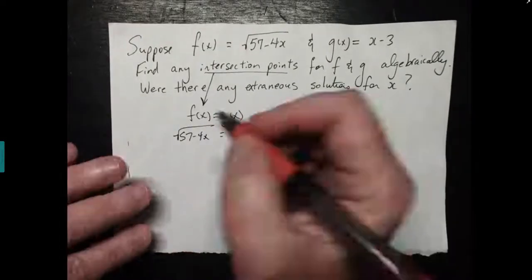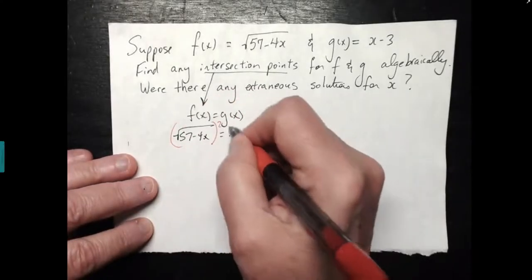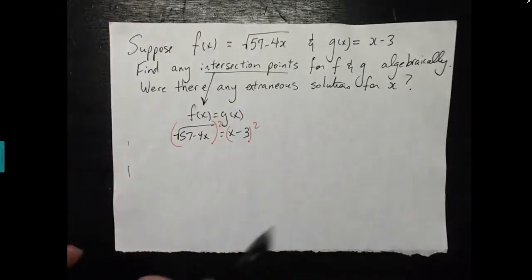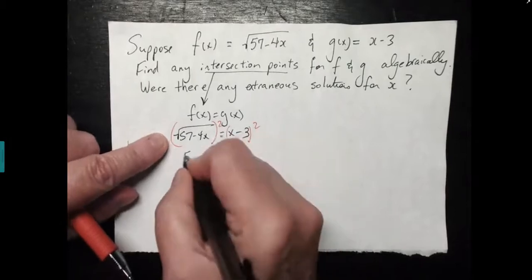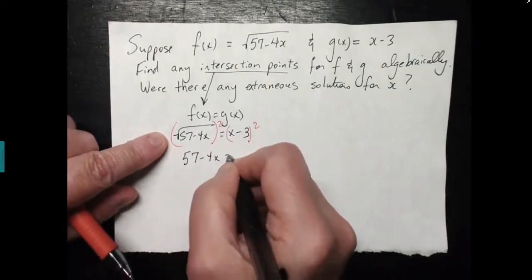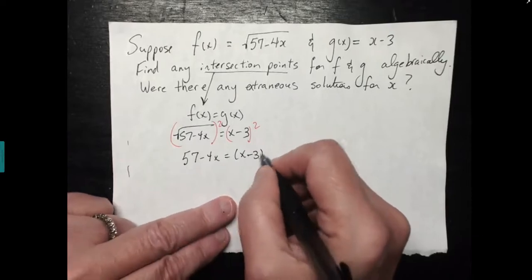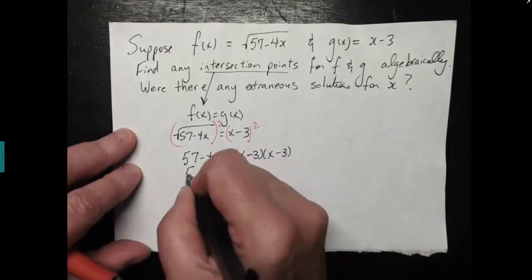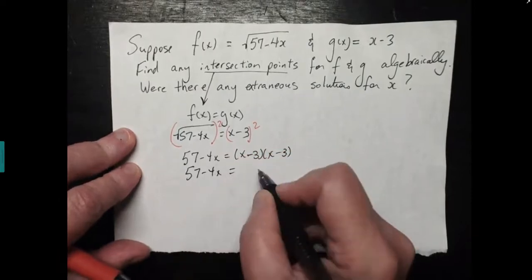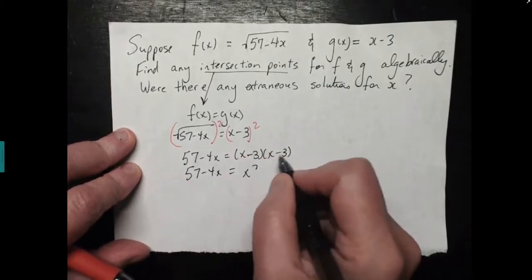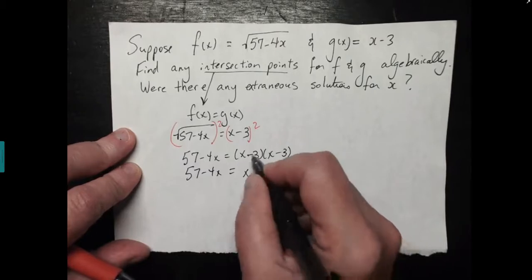And to solve this for x, I'm going to square both sides. So the square will undo this square root. And again, I'm going to have not x squared minus 3 squared. I'm going to have x minus 3 times x minus 3. So I'm going to have x squared minus 6x plus 9.